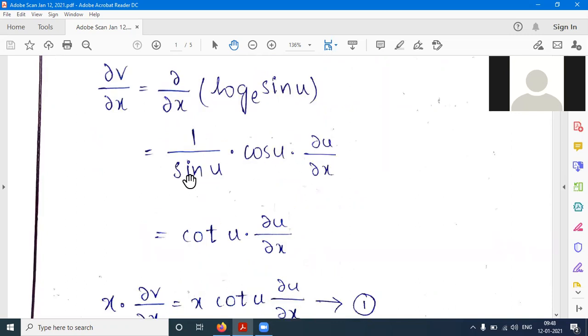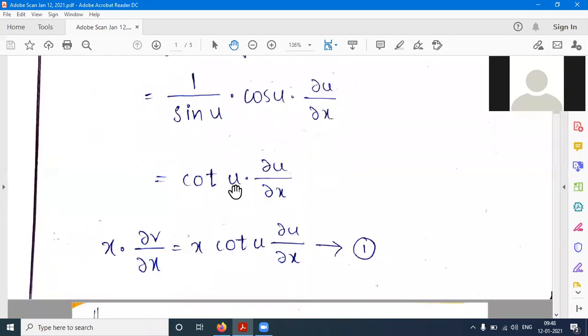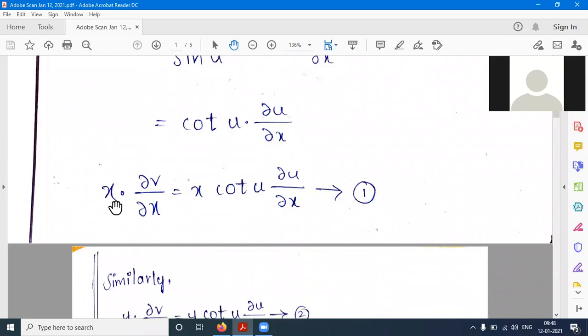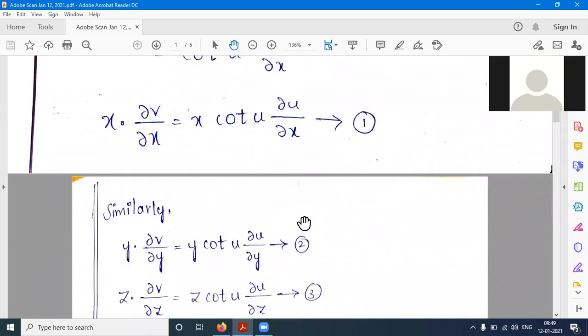So cos u by sin u, that is cot u into dou u by dou x. Now we multiply with x. So x into dou v by dou x is equal to x cot u into dou u by dou x. This is equation number 1.